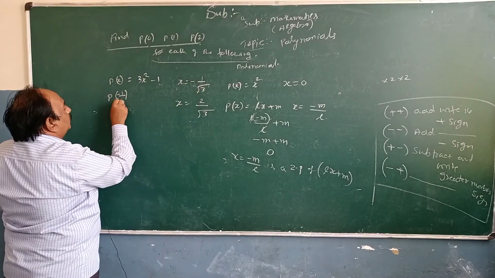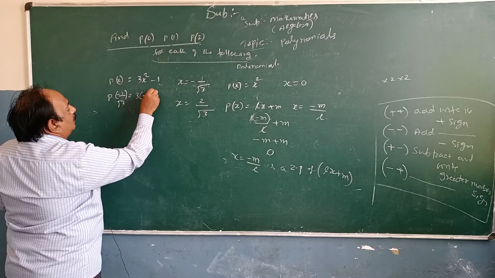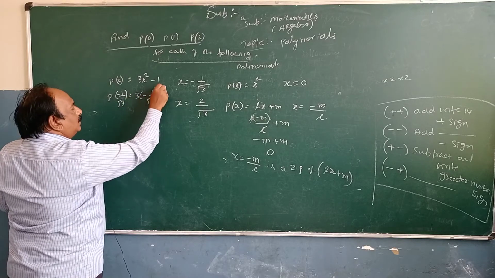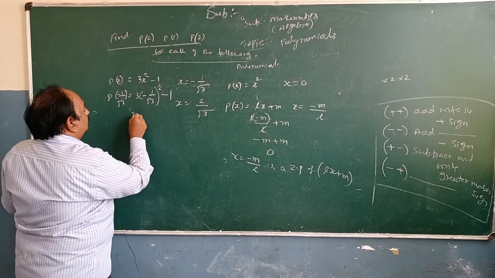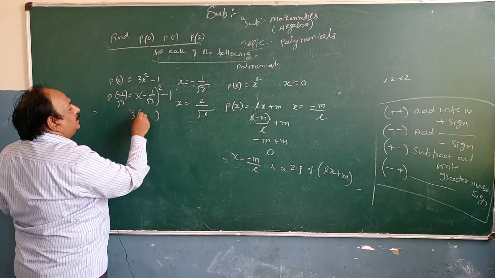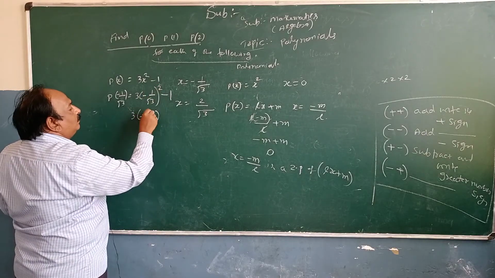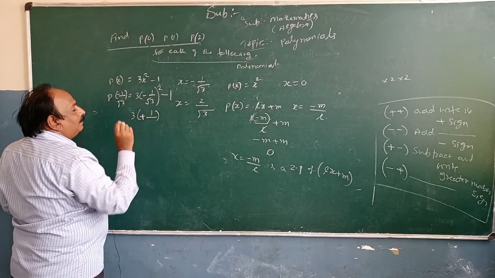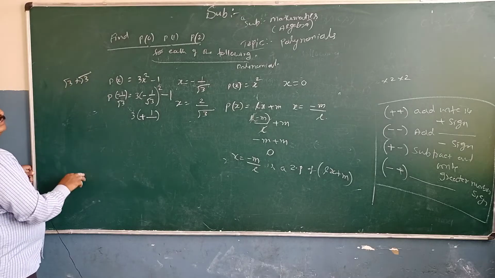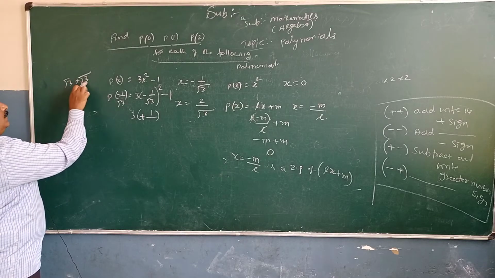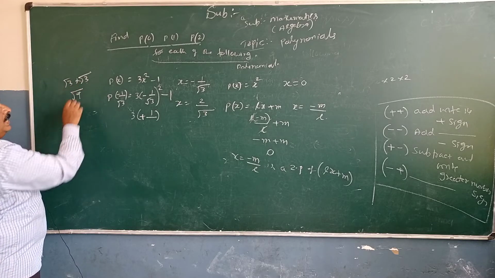Minus 1 by root 3. 3 into minus 1 by root 3 whole square minus 1. That is equal to 3 into minus into minus plus 1, ones are 1. Please listen here. Root 3 into root 3, root of 9.